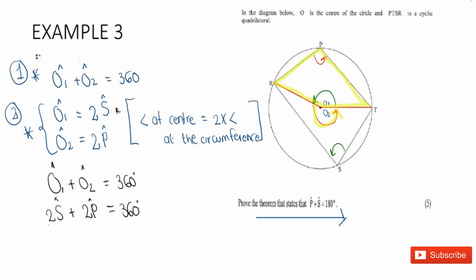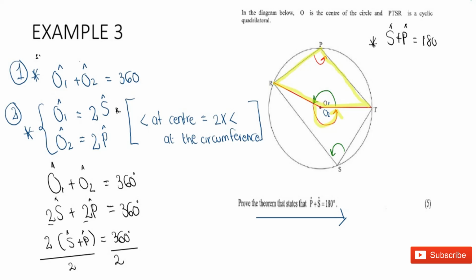We can see that we've got a common term, which is 2. We take out that 2, and you're left with S plus P equals 360 degrees. If you divide by 2 on the left-hand side and also on the right-hand side, you will find that angle S plus angle P is equal to 360 divided by 2, which is 180 degrees.